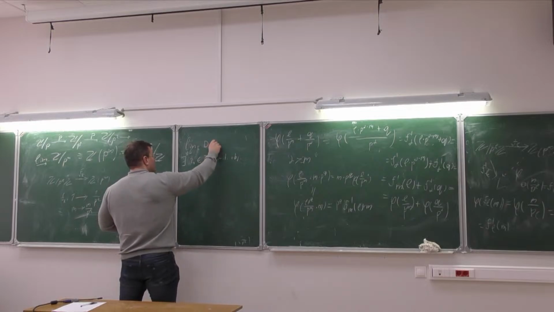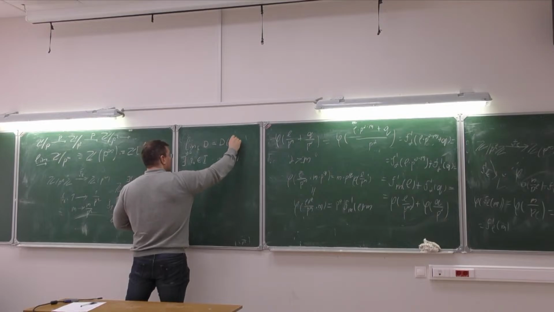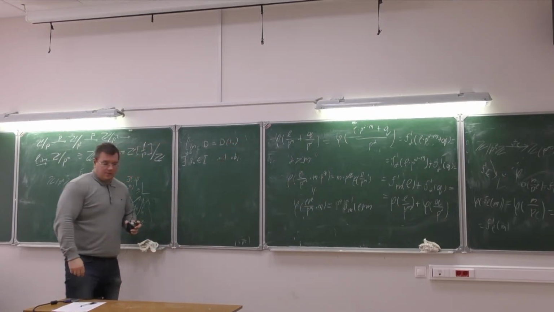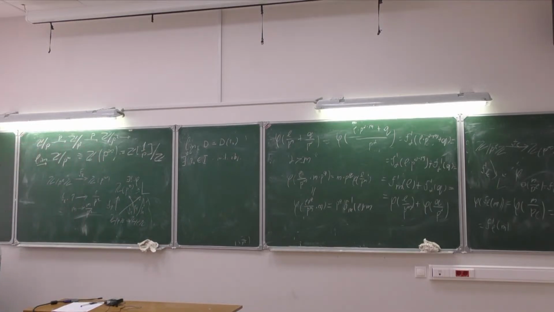Then in this case, such a limit is just the value of the functor D on the initial object. It's an easy exercise.